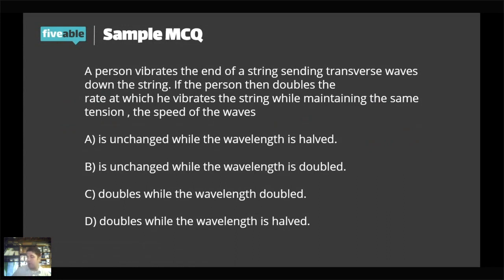All right, so now we're down between A and B. Either when I increase the frequency, double the rate at which you vibrate the string, going from slow to fast. If you increase the frequency, the speed of the waves is going to get smaller. Should be choice A.